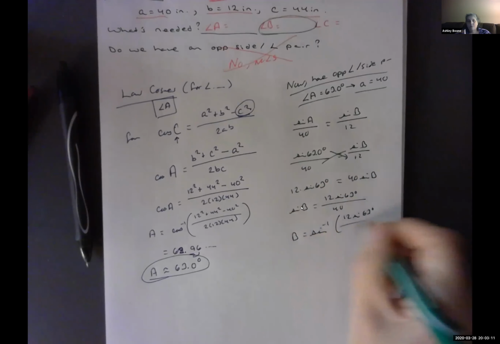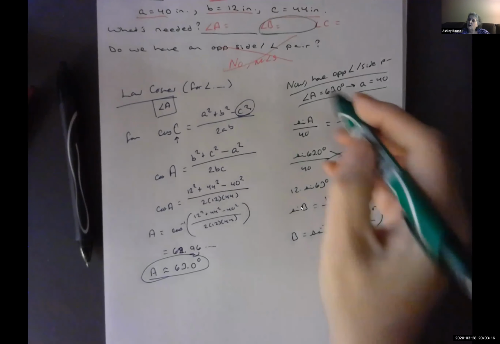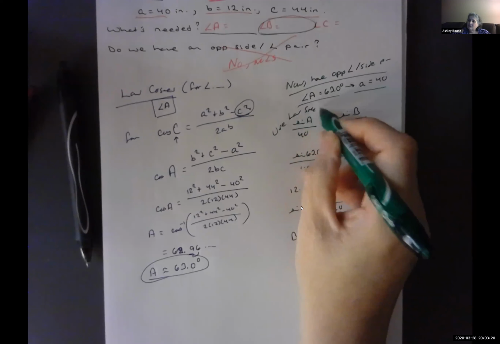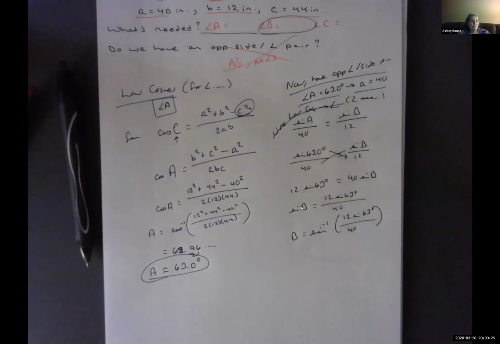Now, remember when we talked about inverse sine, when we use our law of sines to get an angle, we're going to have two possible cases in those situations. So let's look at what's happening. I have inverse sine of 12 times sine of 63 divided by 40.